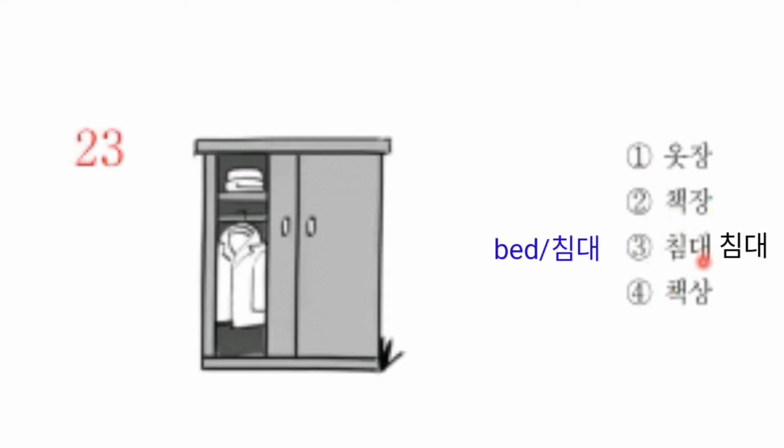Kama. Number 4 is 책상. Ito yung kanina sinabi ko. It means desk. So the answer for number 23 is what? 옷장. Closet. Number 1.